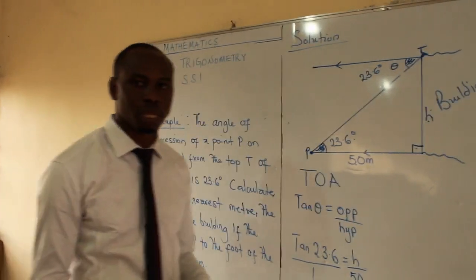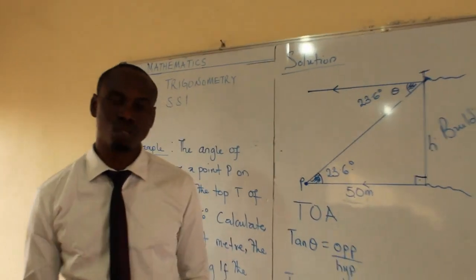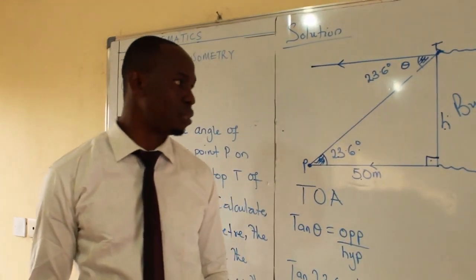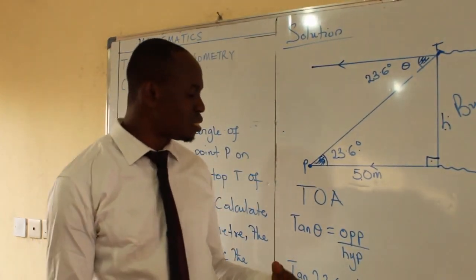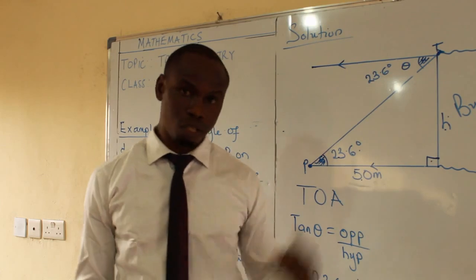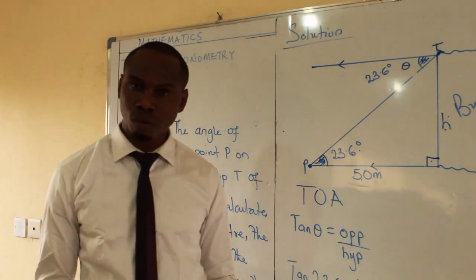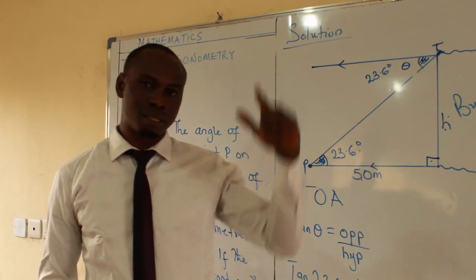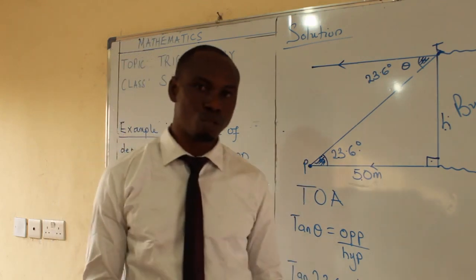You can see the importance of the trigonometric SOHCAHTOA. It has helped us to find the height of this building. This solution, or this process, can as well be used to find the height of our masts, our MTM masts that are close to us.